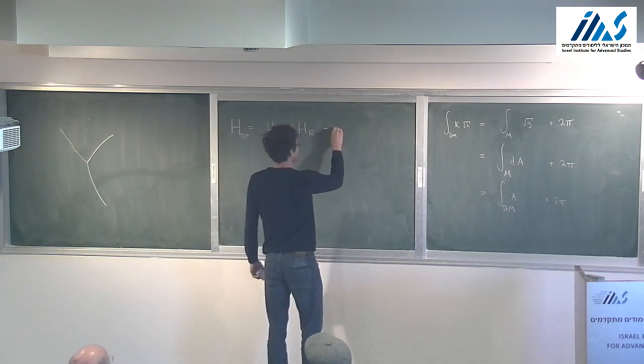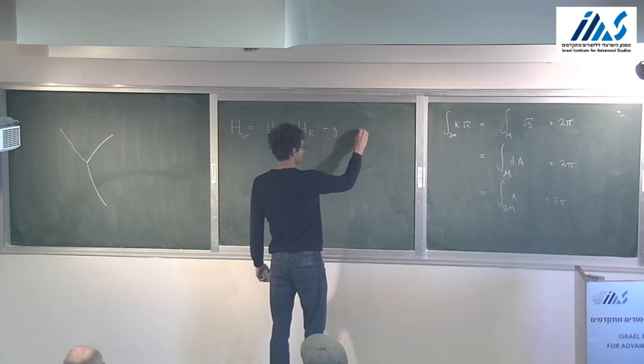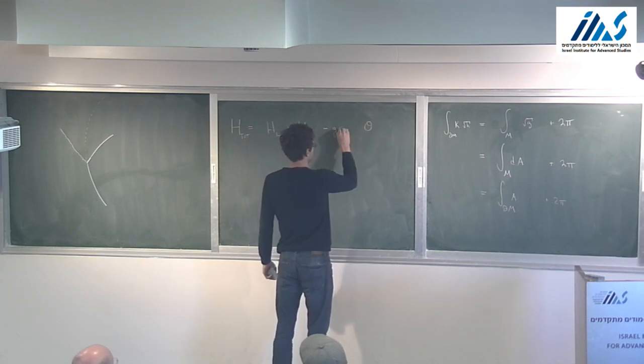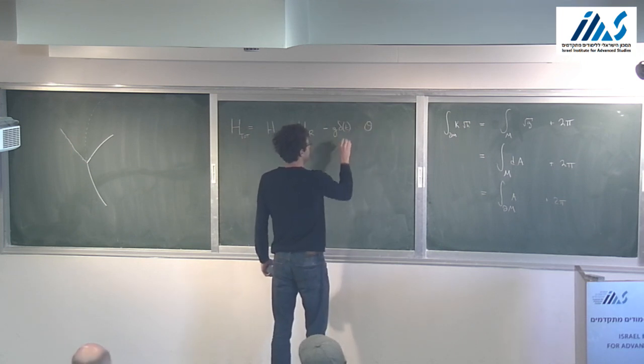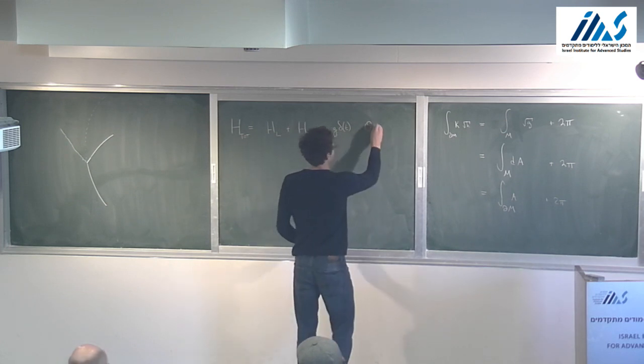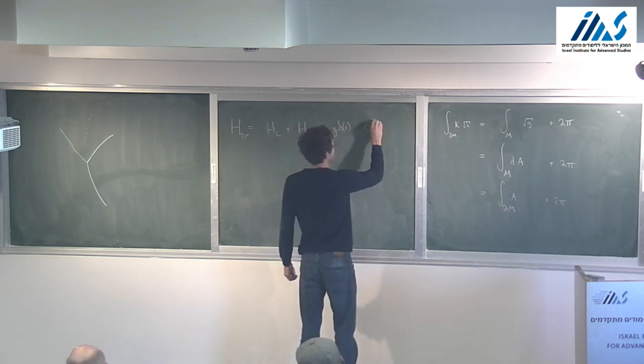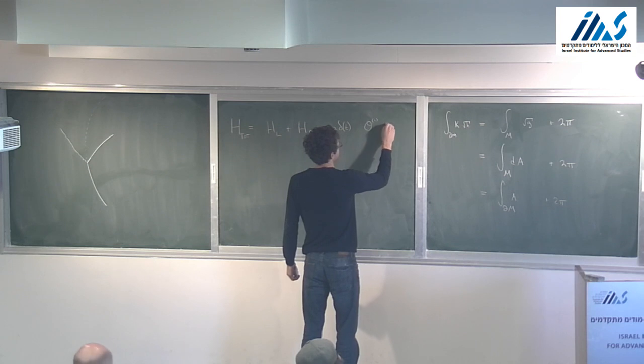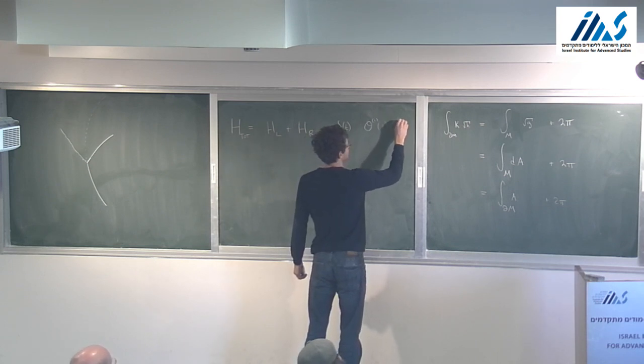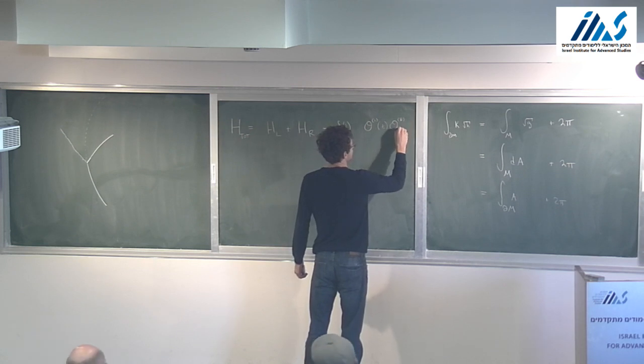But then we add a term which looks like the following. It's active only at time 0, and it's a double trace coupling involving some operator on the left theory and a corresponding operator on the right theory.